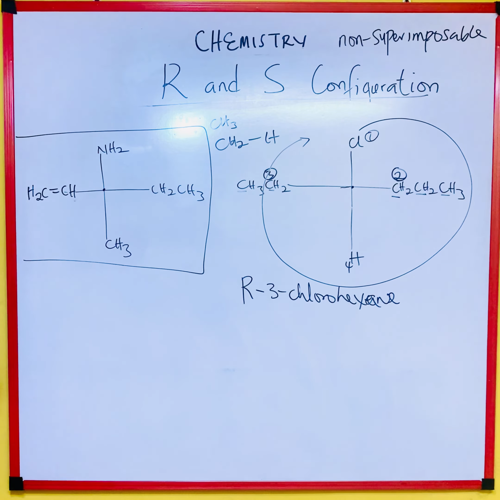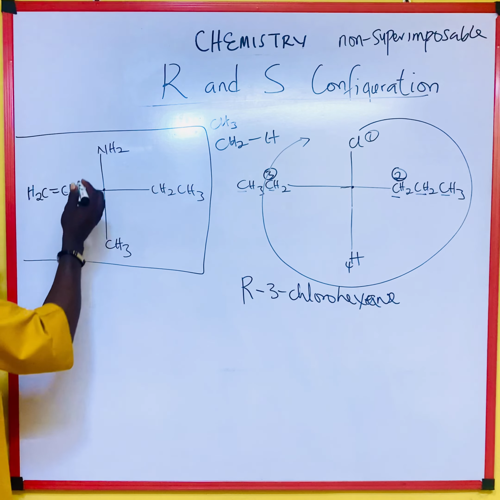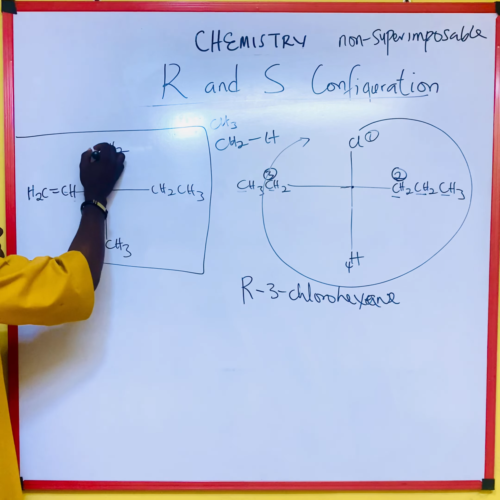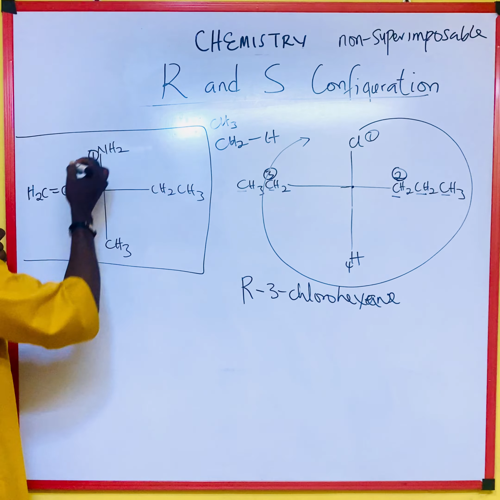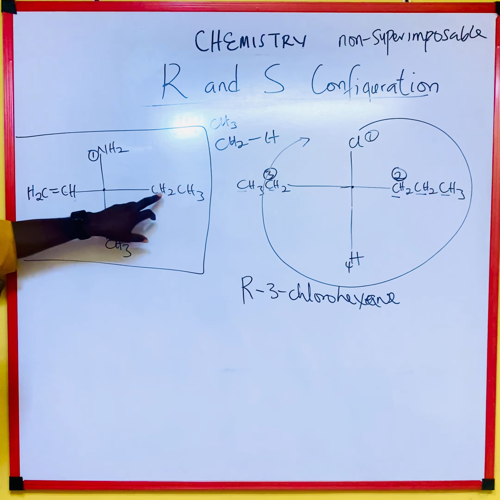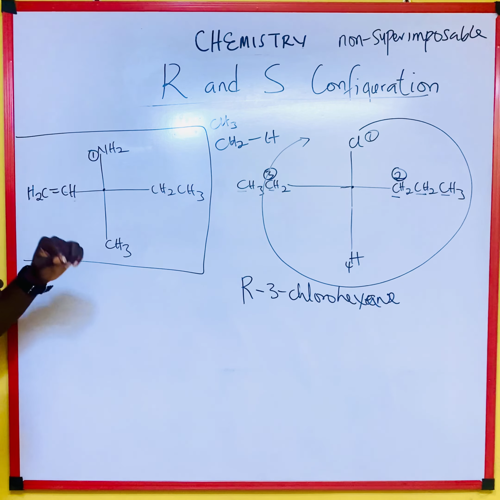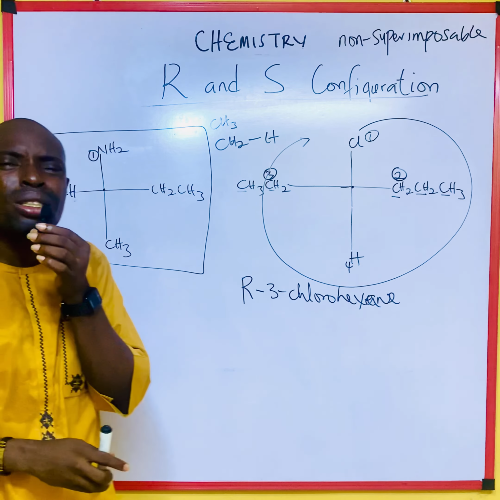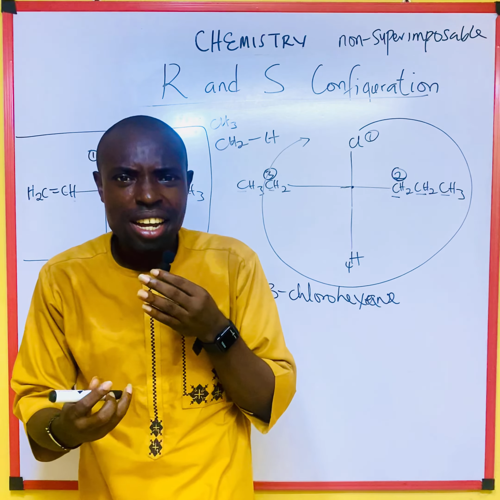Then we move to this one. The same pattern here. Take note. Here, nitrogen is 7, which is higher than carbon. So here becomes what now? 1. Now there's a problem here. I'm having 2 carbon here. I'm having 2 carbon here. So which one will take the lead? Of course, class, this should take the lead. And you might want to ask me, why?